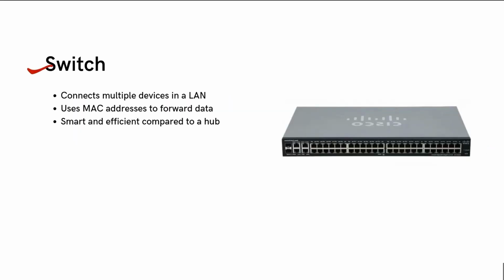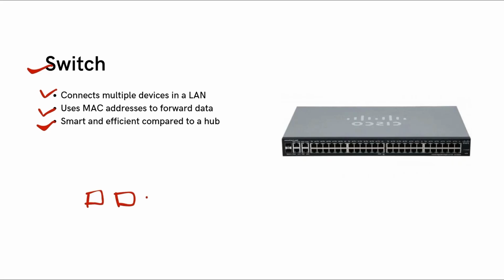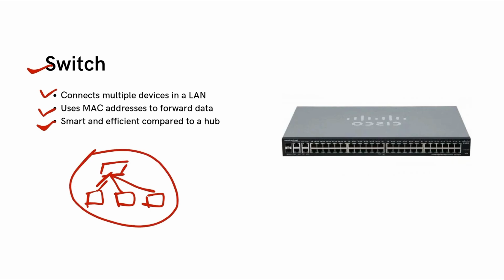Next we have switch. A switch connects multiple devices within the local area network, and it uses MAC addresses to forward the data, and it is smarter and more efficient compared to a hub. A switch connects multiple devices within the same area. It forwards frames by using the MAC address, which is a physical address.